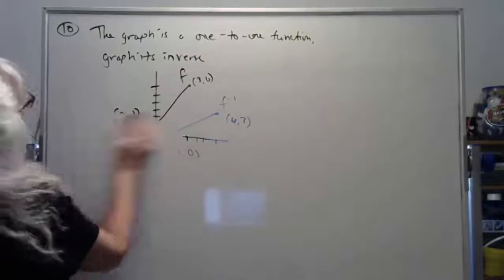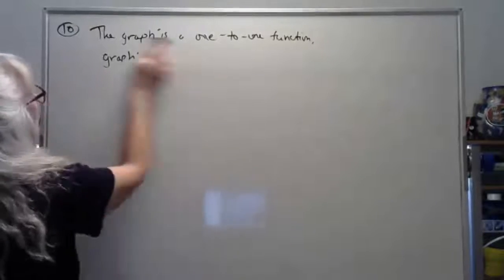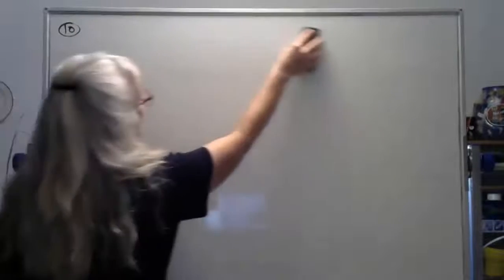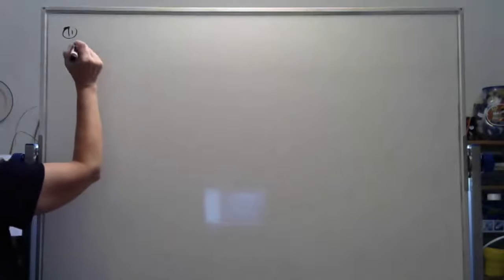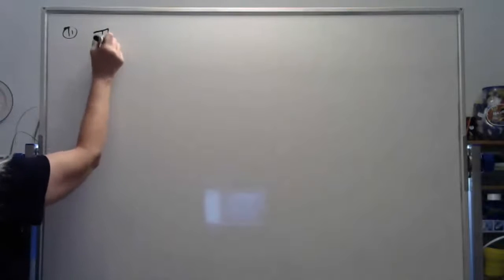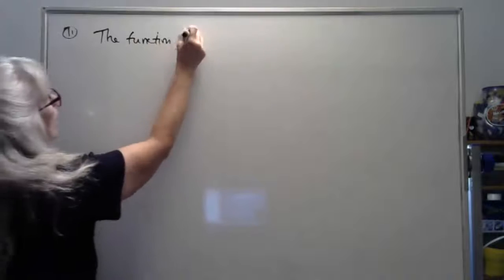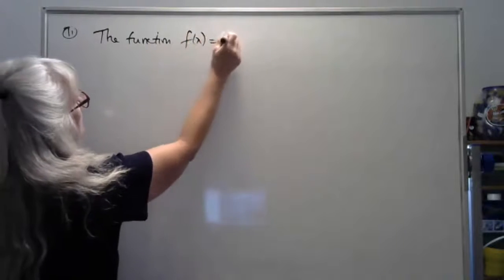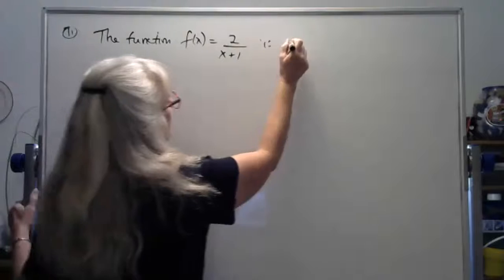Okay. And the last one I'm going to talk about, number 11. Okay. So the function f of x equals 2 over x plus 1 is 1-to-1.